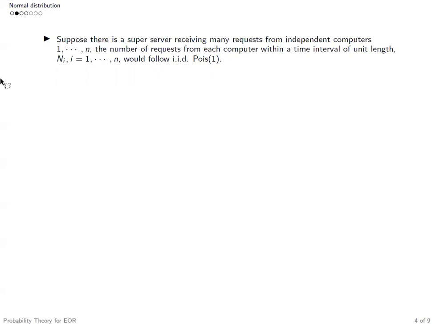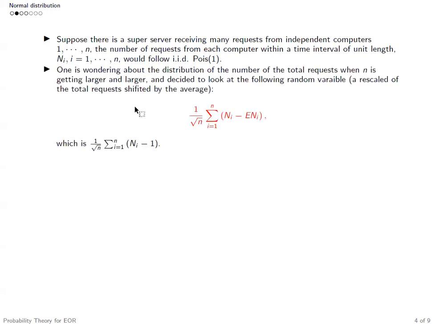Now suppose one is wondering about the distribution of the number of total requests when n is getting larger and larger. He decides to look at the following random variable: the summation of N_i, shifted by its average and then rescaled by the square root of n.